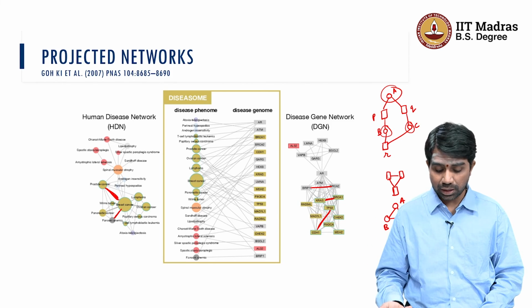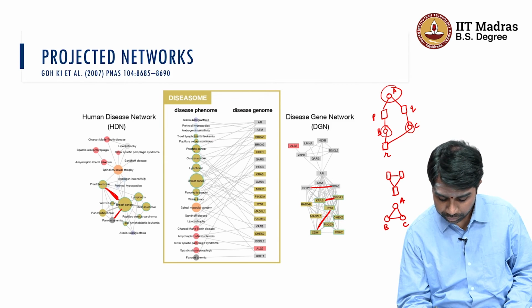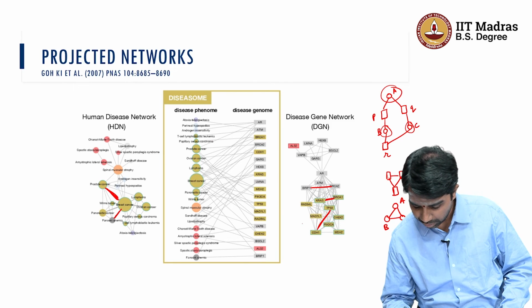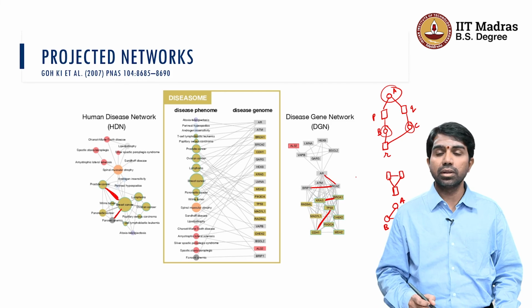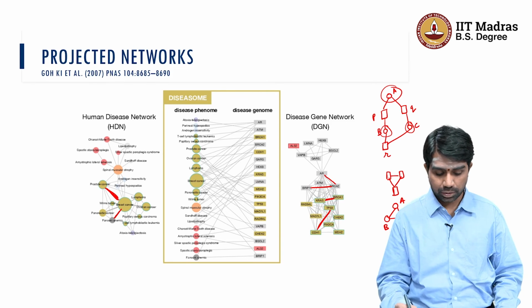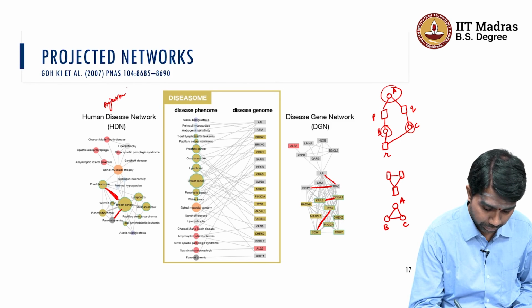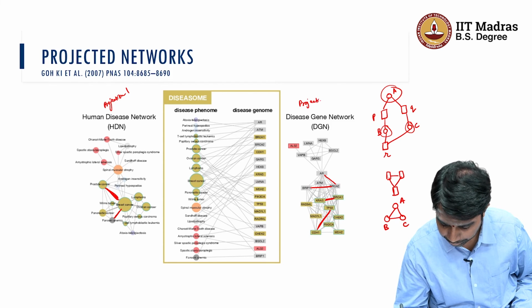And how do you generate this network? You again look at genes that are 2 hops. So AR, prostate cancer, BRCA2. So you will find a link between AR and BRCA2 in this projection. So this is projection 1 and projection 2.